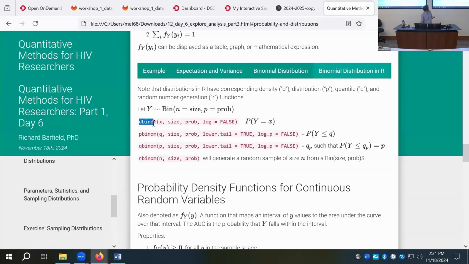So dbinom is basically going to say, what is the probability that you had x events? So for our coin toss, it would say, if we asked what's the probability of observing 4 heads in a coin toss of 10, it would give us that probability.